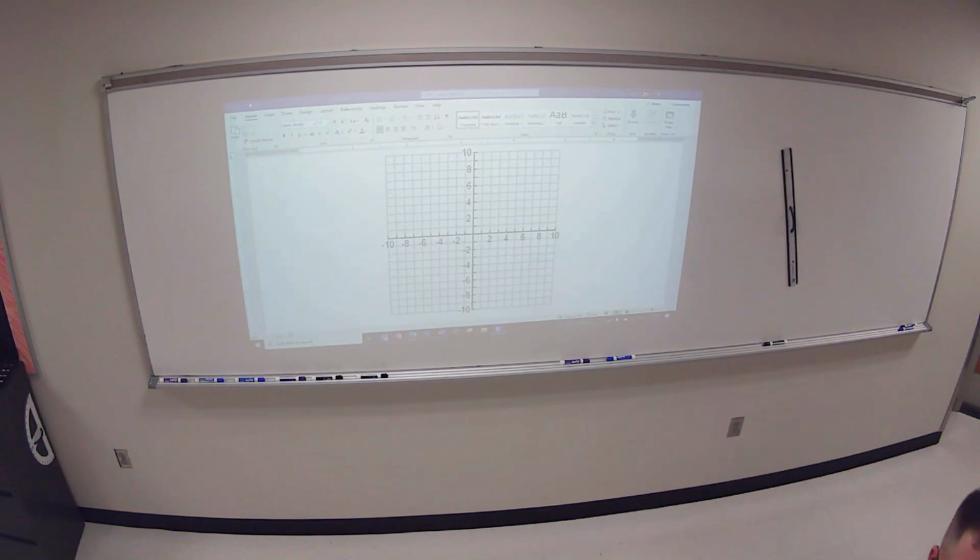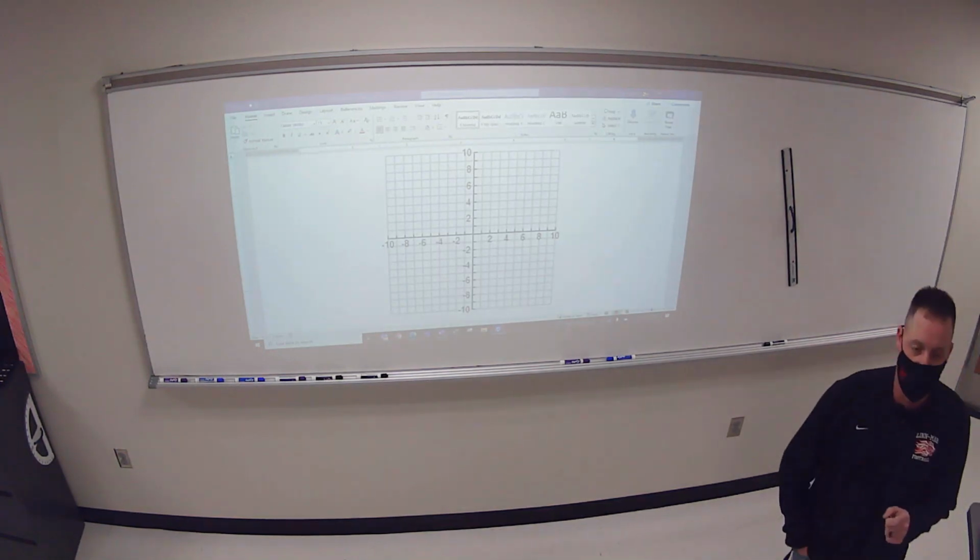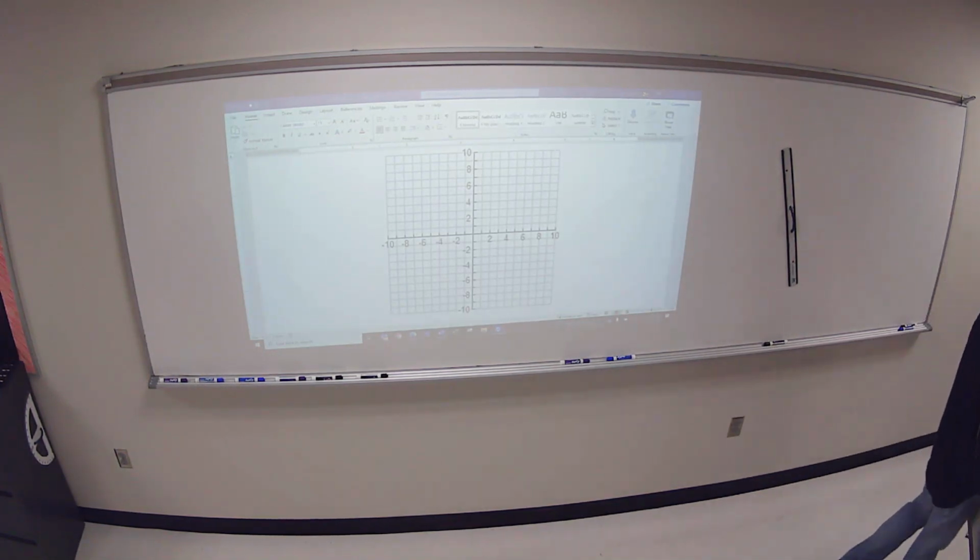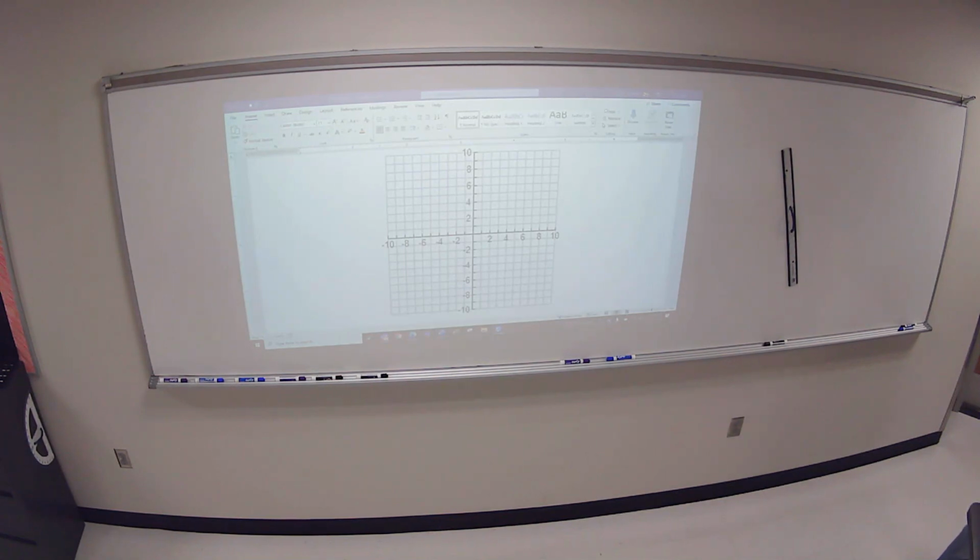When we ask you for the y-intercept, you are just giving the y-coordinate because you already know x is 0. That's what makes them intercepts. So in problem number 3, my x-intercept is 3. That's it. Not (3, 0), just 3. My y-intercept is 2. That's all you're going to put. This is part of the reason we practice with homework, so that I can tell you how I'm going to grade it when it comes to your assessment.